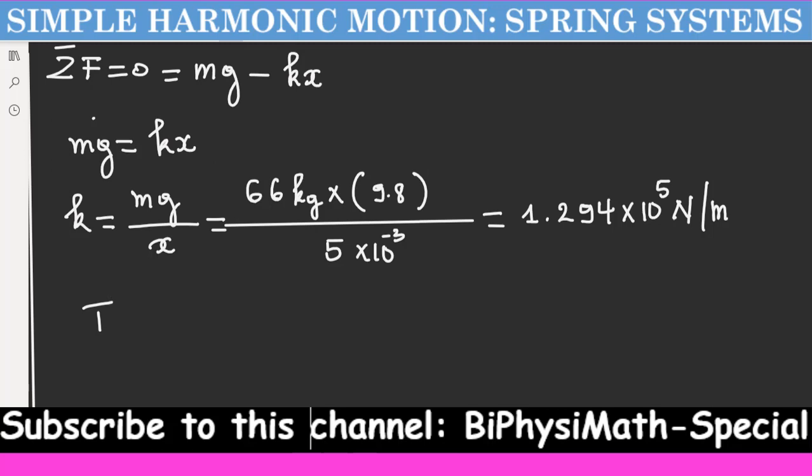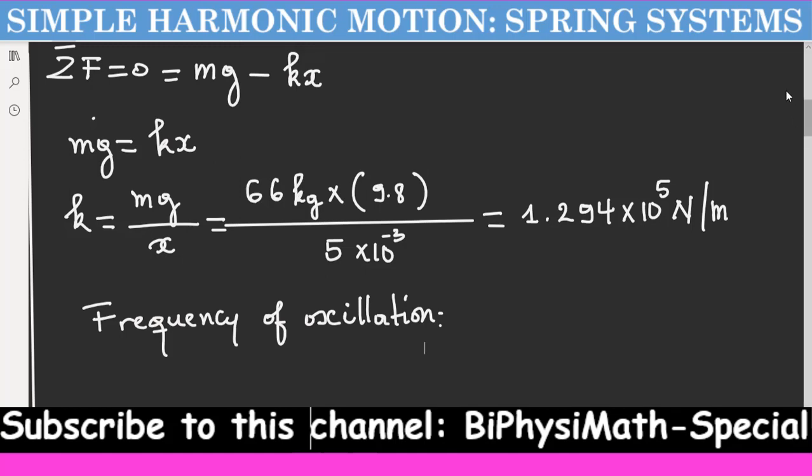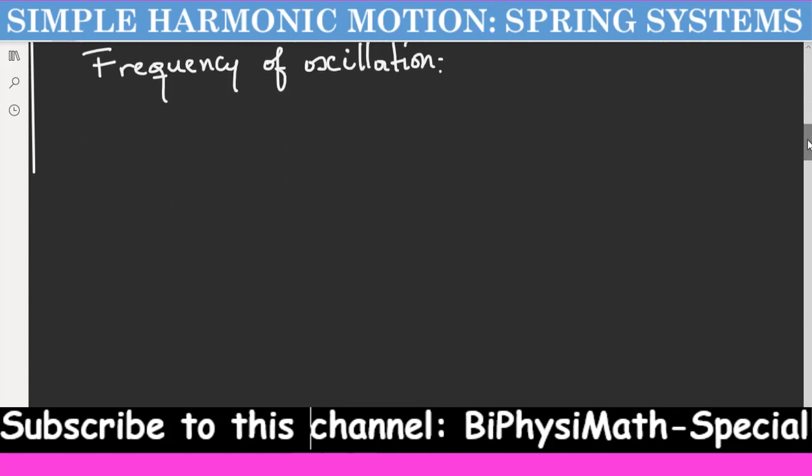Now let's find the frequency of oscillation. Frequency of oscillation equals, we use this relation.